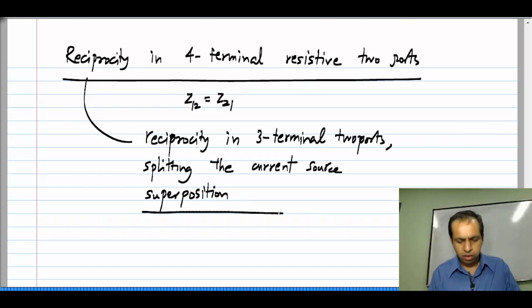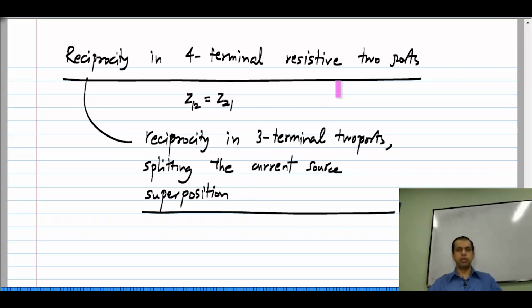Because we were using reciprocity in 3 terminal 2 ports, we had to define some other ports with a single common node as the reference node. And we were able to do that quite easily. Hope that is clear.